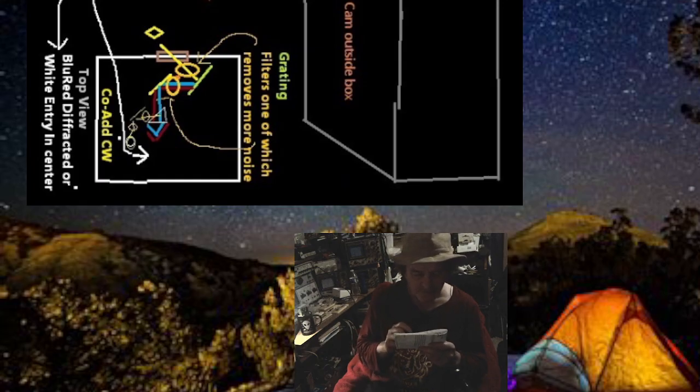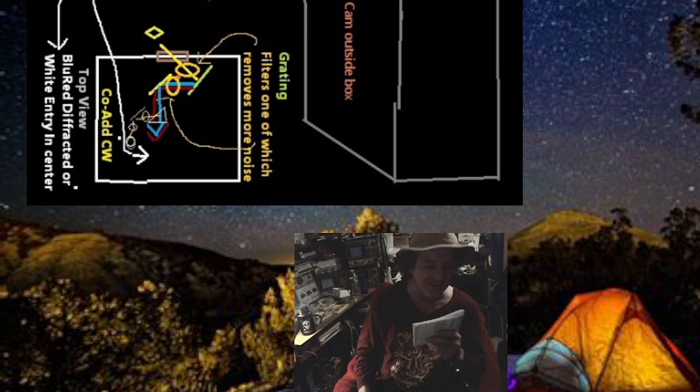If I move the beam splitter over here and come down, no. What the hell? Oh wait. Damn it. This right and left is messing with my head big time. Oh my God.